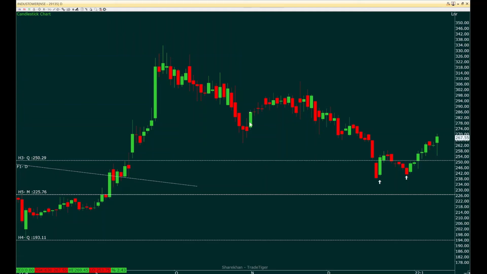Eventually, price started to come down slowly, and we do not have any proper area where we can consider the price getting stopped. Based on the previous trend, what we can understand is that demand zones are getting respected, and currently the price is almost in the quarterly zone's 25% area.